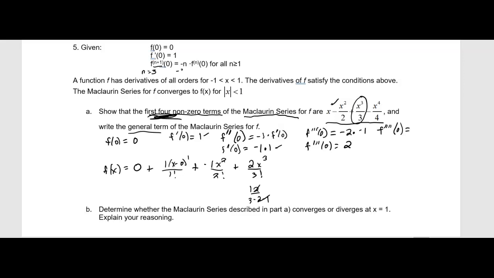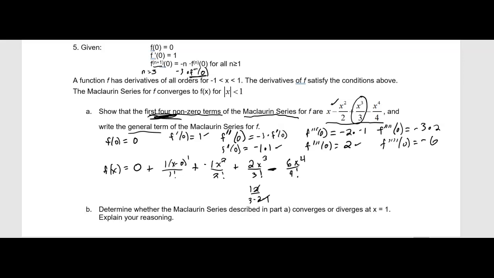So that means we're going to get a -3 times f triple primed of 0. So I'm multiplying the -3 by the third derivative value that we just found over here to be a 2. So our fourth derivative value is a -6. So that's why this is going to be minus. We then do 6x to the fourth over 4 factorial.